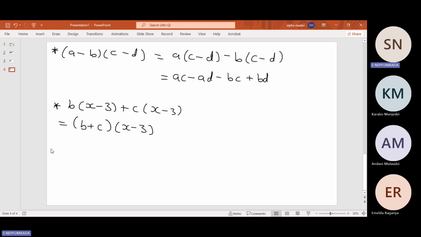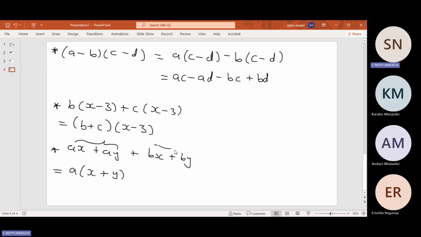Okay. So now let's take as an example ax plus ay plus bx plus by. On the first two, we take a common factor of a, and we're left with x plus y.